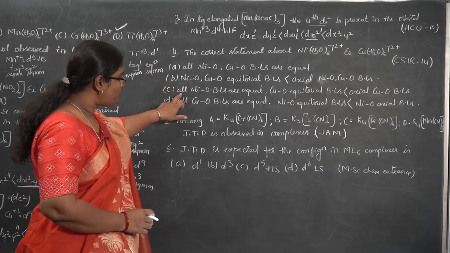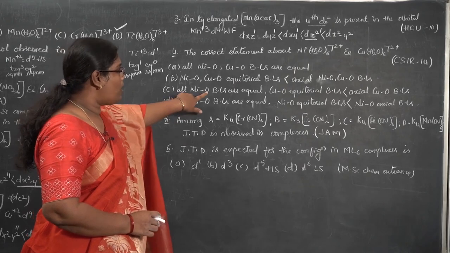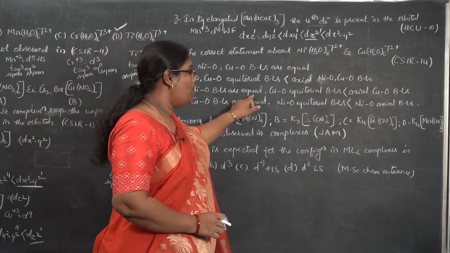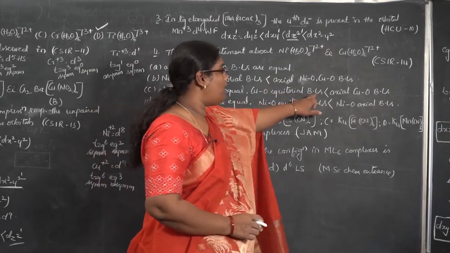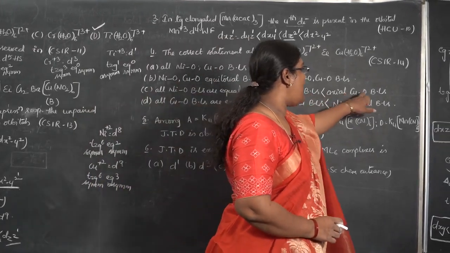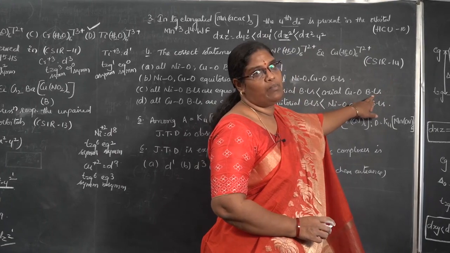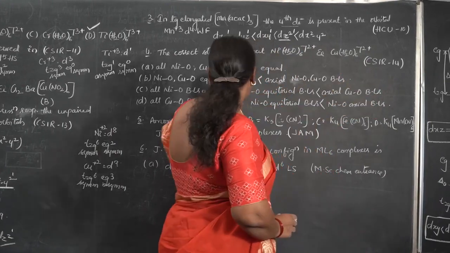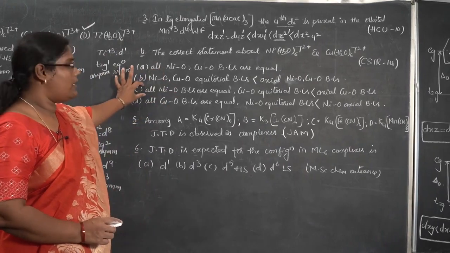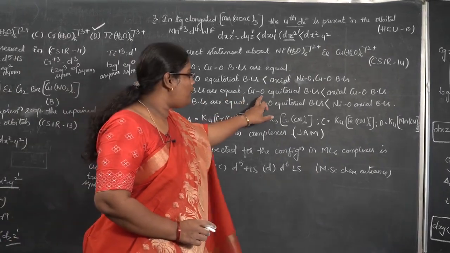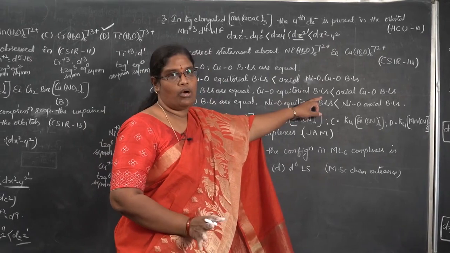Third option, all the nickel oxygen bond lengths are equal. Copper oxygen equatorial bond lengths are shorter than the axial copper oxygen bond lengths. So he is saying that all the nickel oxygen bond lengths are similar, means there is no distortion. In copper complex, yes, you can have the distortion.